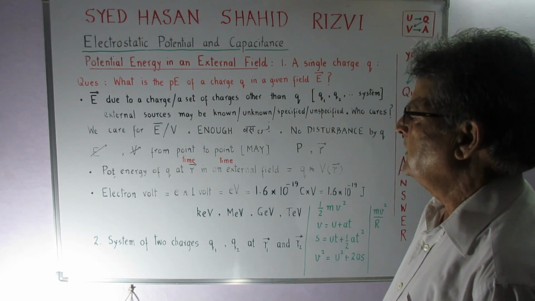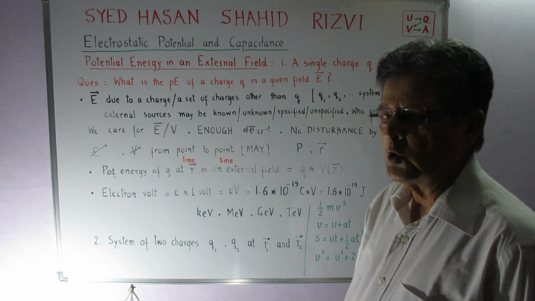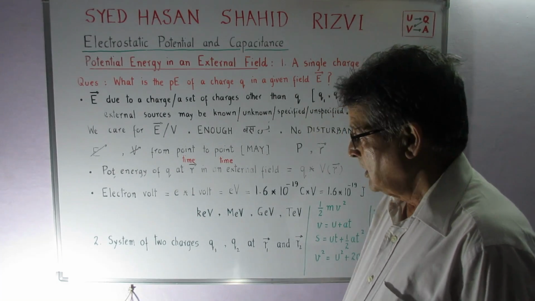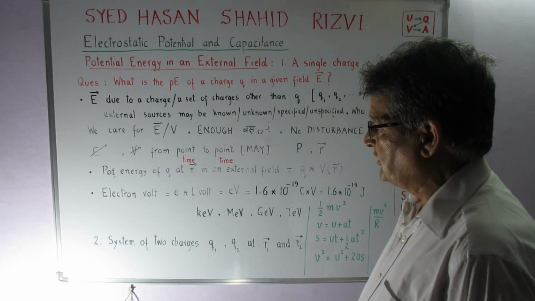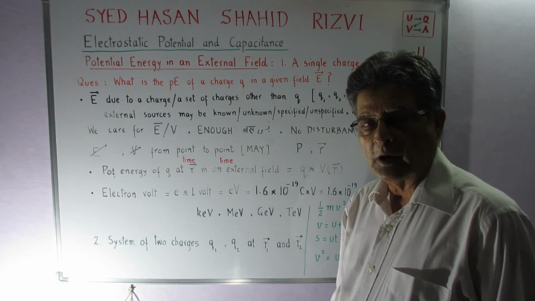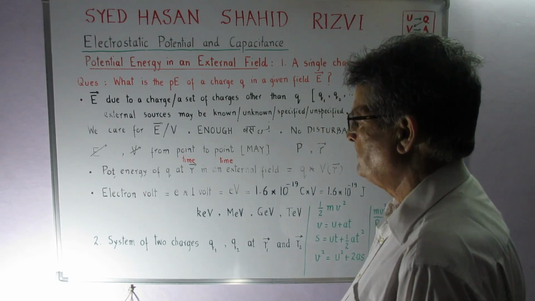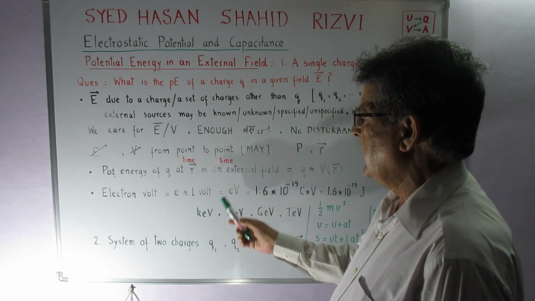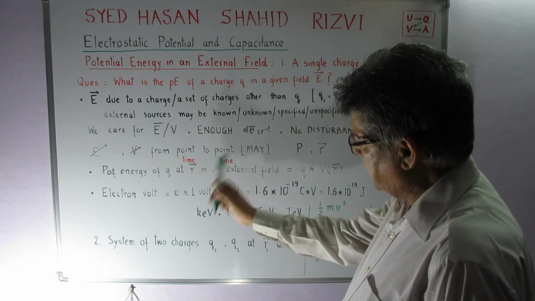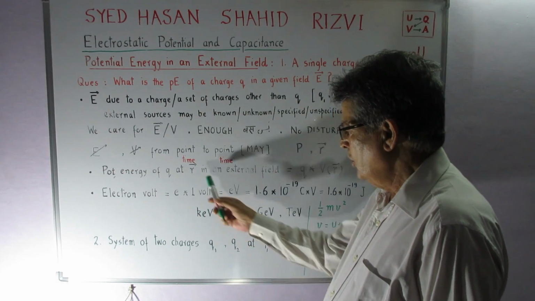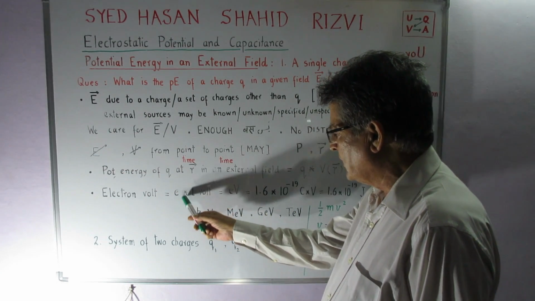Now let me define an electron volt. The electron is the basic charge. The electron charge is 1.6 into 10 to the power of minus 19 coulombs, with the minus sign. Suppose we take an electron and make it travel through a potential difference of 1 volt.